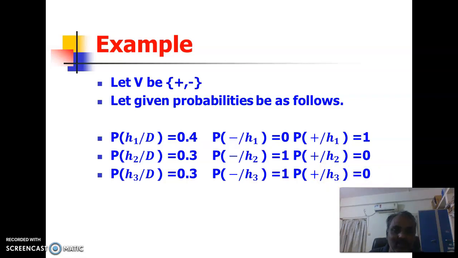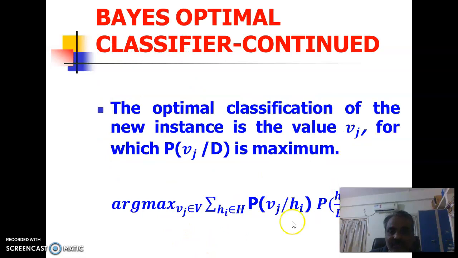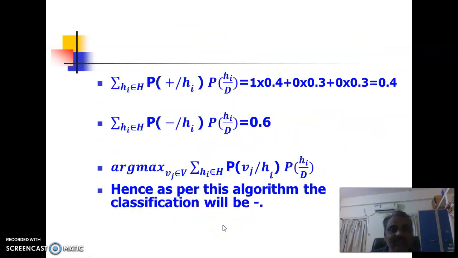We apply these values into this expression, one for plus, another one for minus. So sigma over Hi, an element of capital H, of P of plus given Hi into P of Hi given D is equal to 1 into 0.4 plus 0 into 0.3 plus 0 into 0.3, which comes to 0.4.